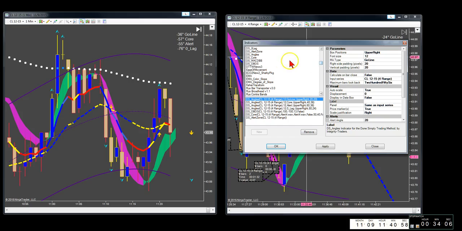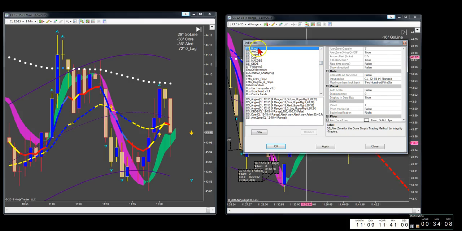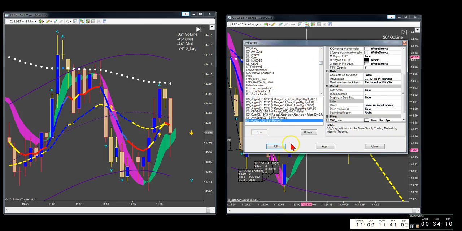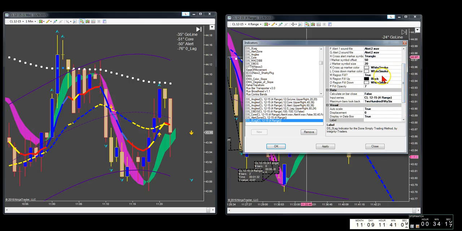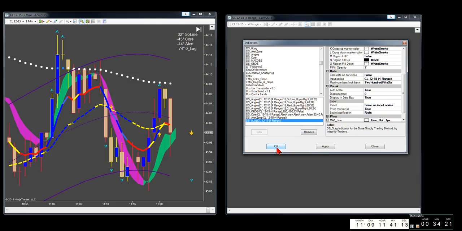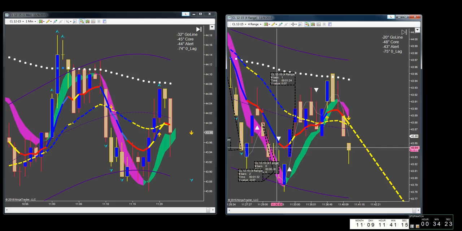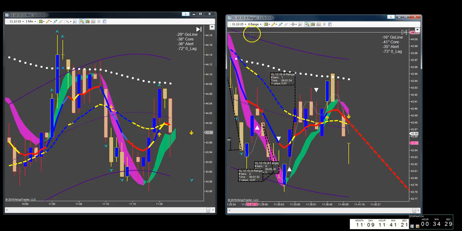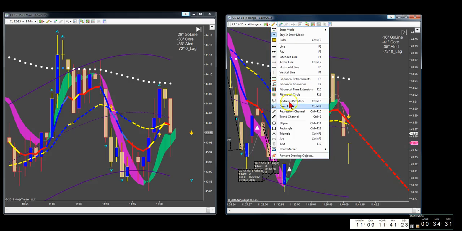I have a few indicators too. Yeah, just a couple. And I'm going to turn the black and white on. I'll do it false first then. I think I'm going to remove the price lines.